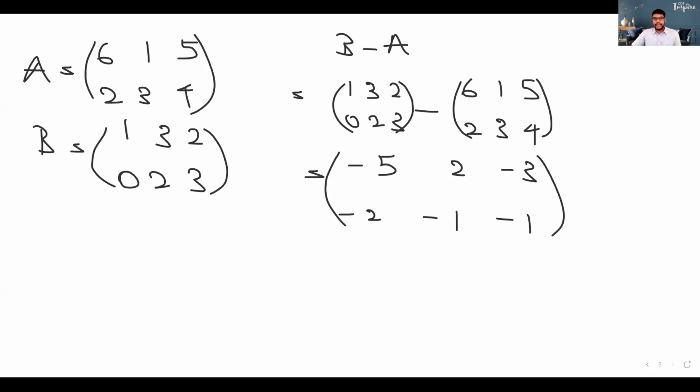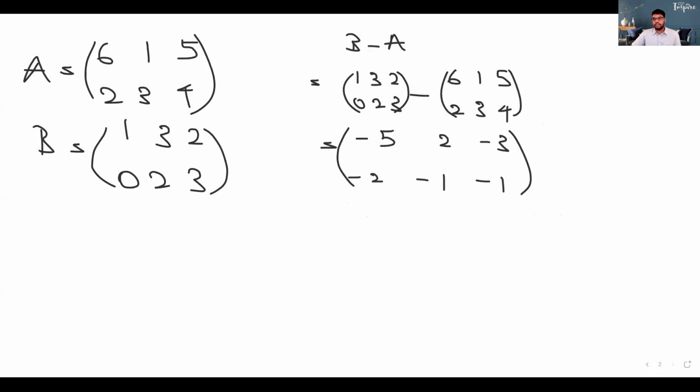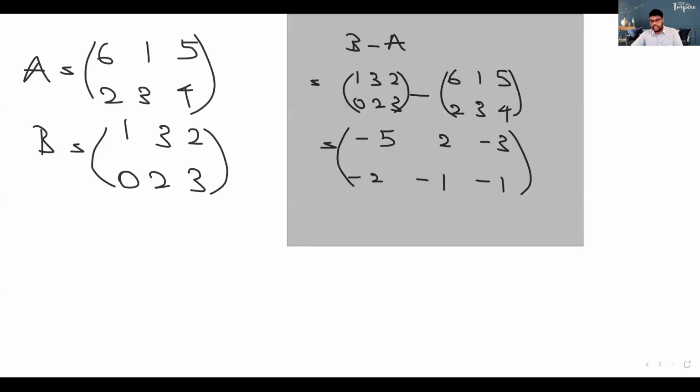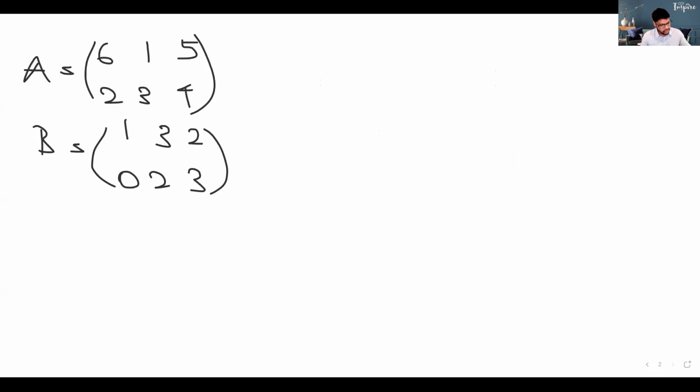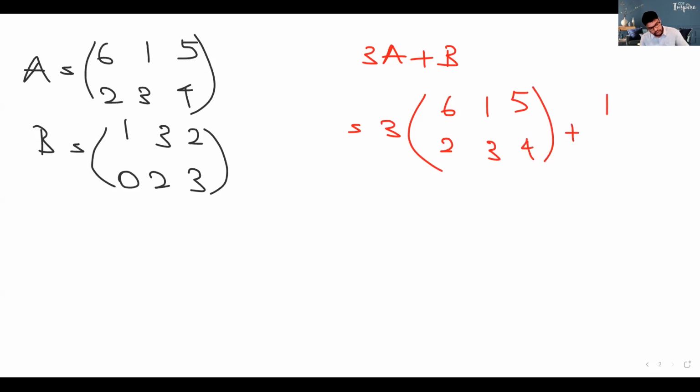Okay, then children, we have part C, for which, now this one is a little more tricky, children, right? So I'll clear this as well. So this one is 3A plus B. So children, 3 times 6, 2, 1, 3, 5, 4 plus 1, 0, 3, 2, 2, 3. Right? So children, you have a scalar multiplication first. You can see that, right?